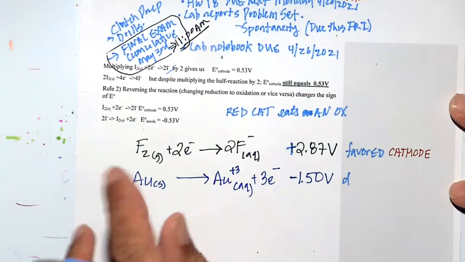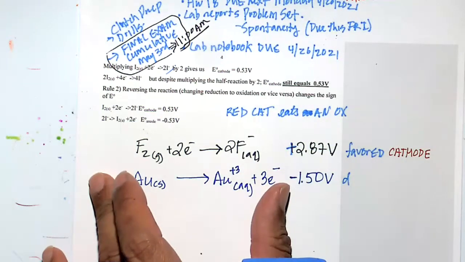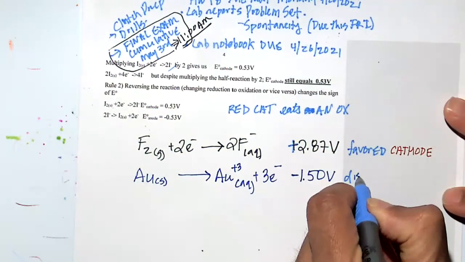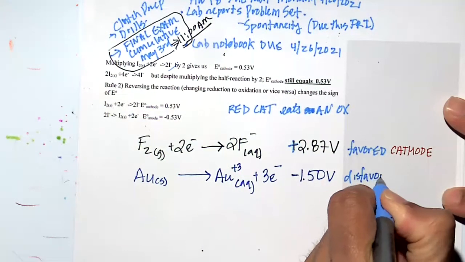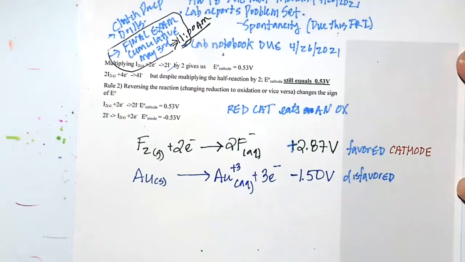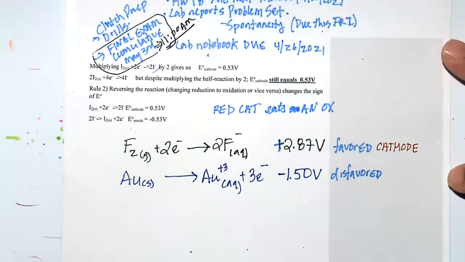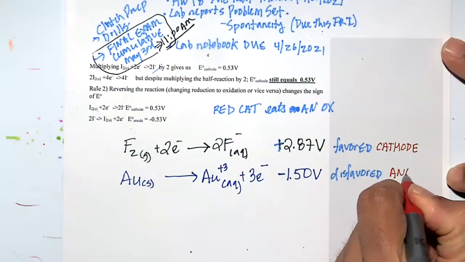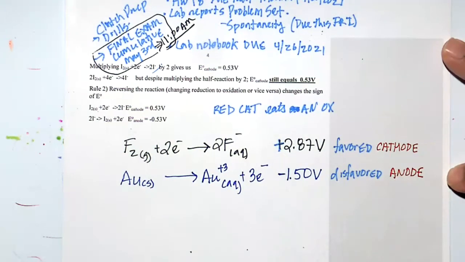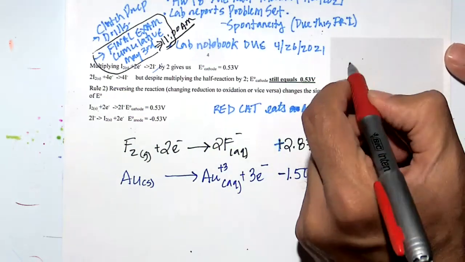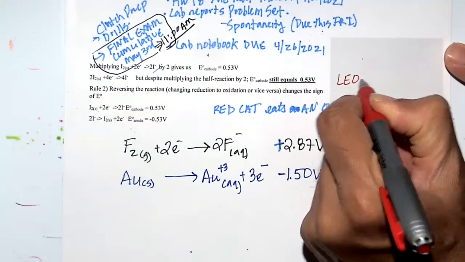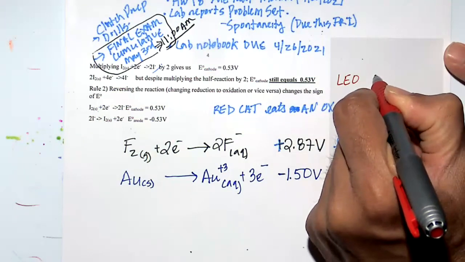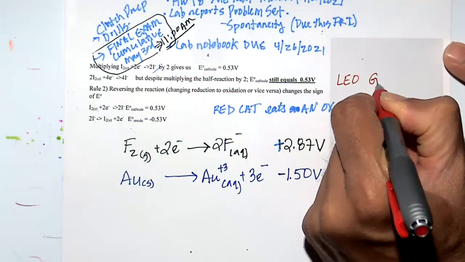So this will probably be a no-go half reaction. This is disfavored. And this is a half reaction, but I'm going to call it the anode.